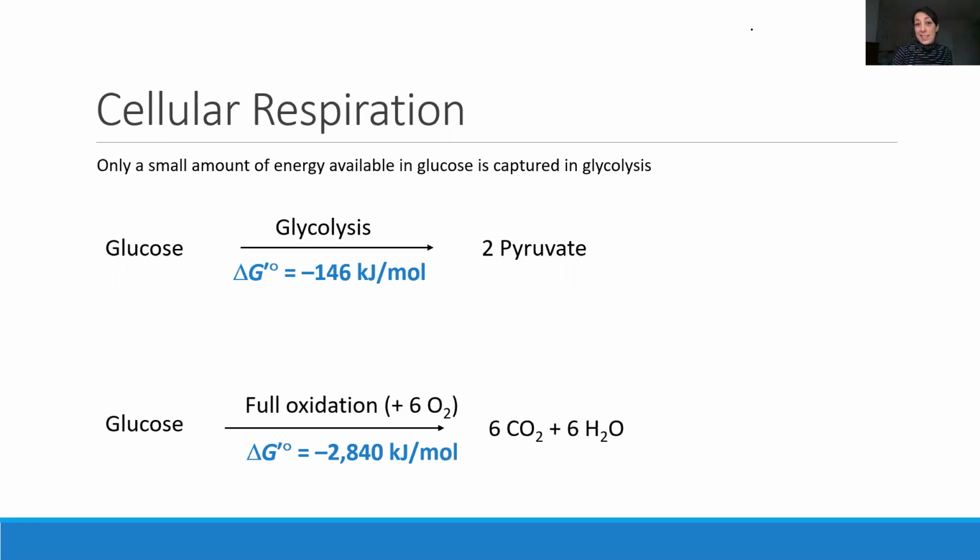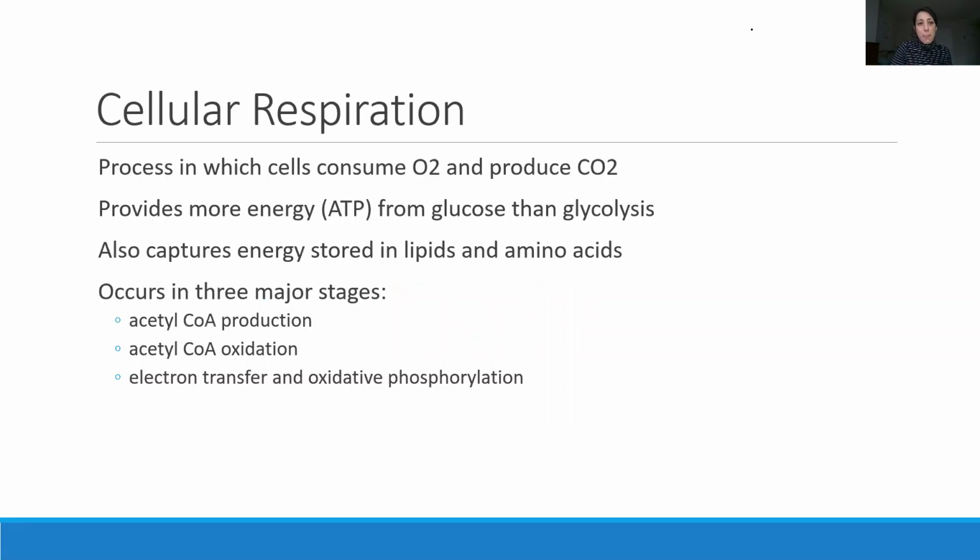And you can see that it nets 2,840 kilojoules per mole, much, much more than just glycolysis alone. So cellular respiration is the main source of energy, the main pathway that is utilized in breaking down glucose.